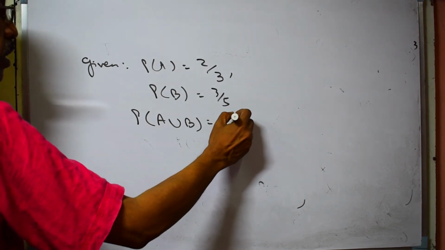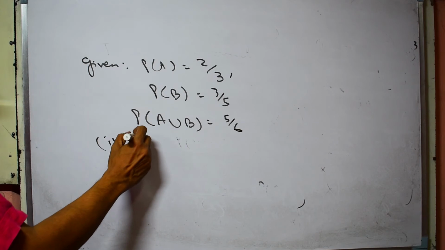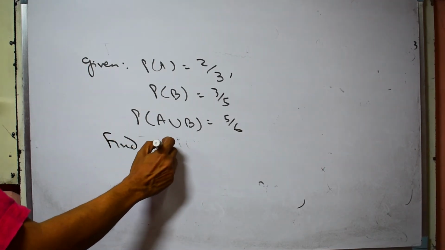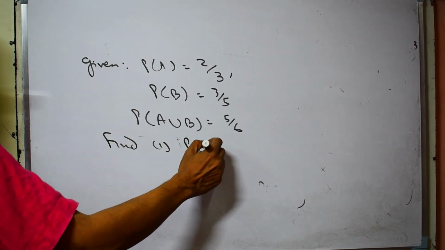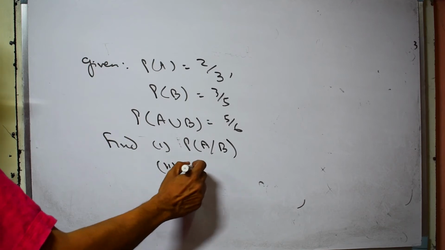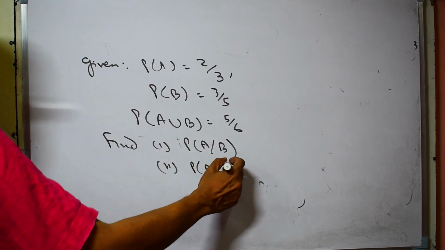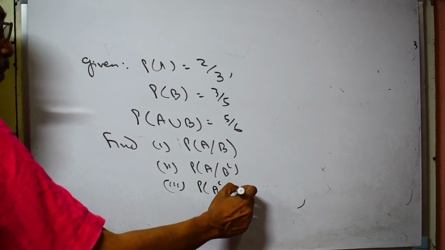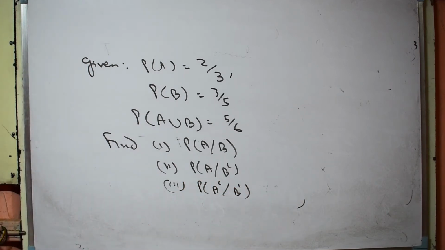The first question: find PA by B. Second question: PA by B complement. And the third question: PA complement by B complement. So we will solve these three questions.